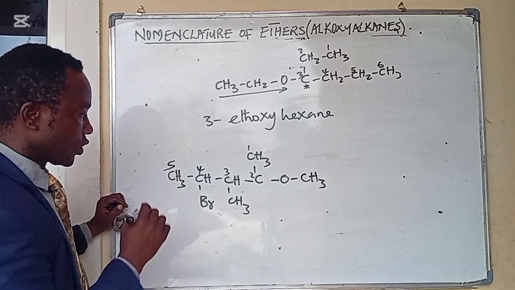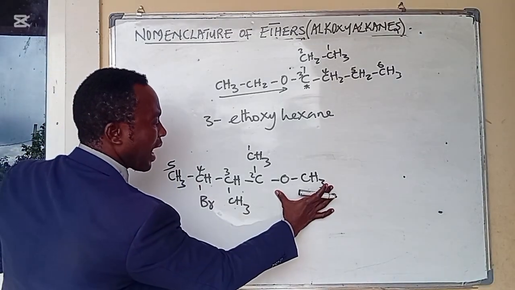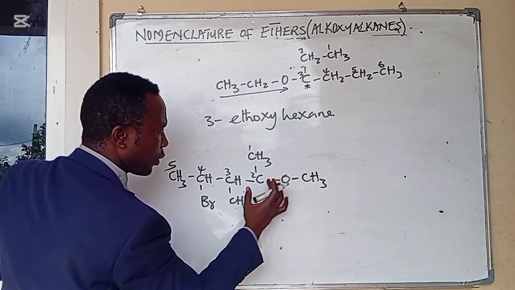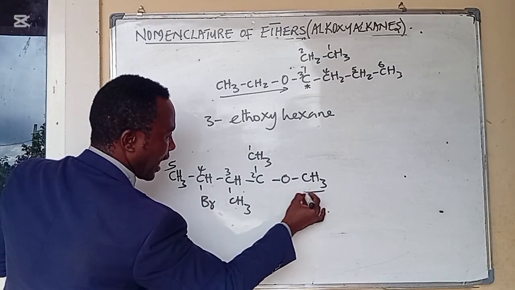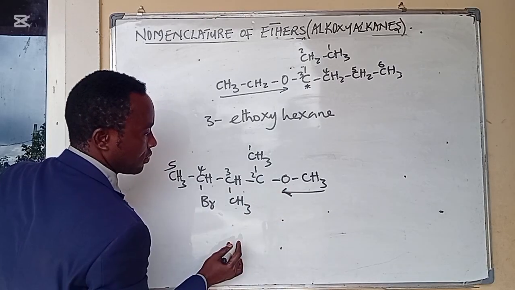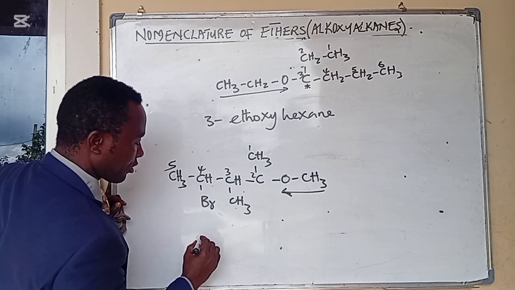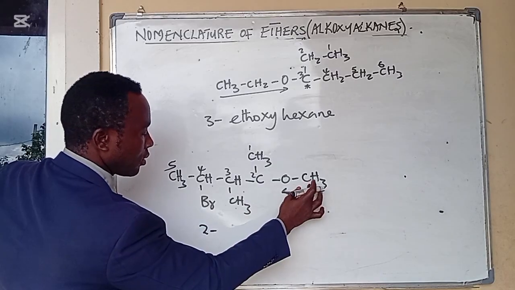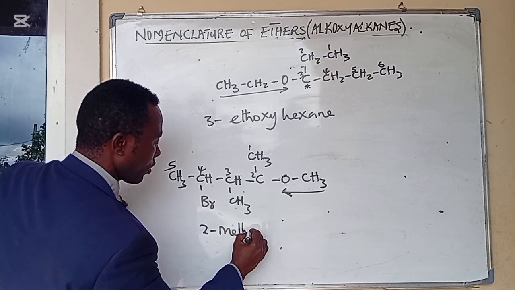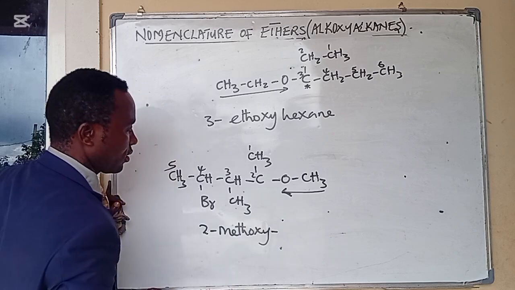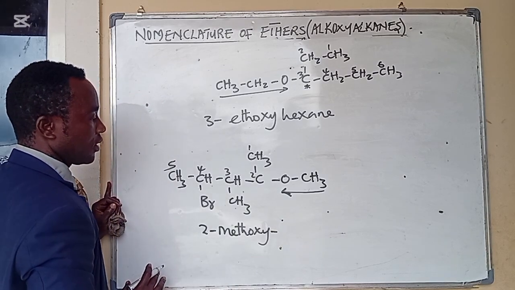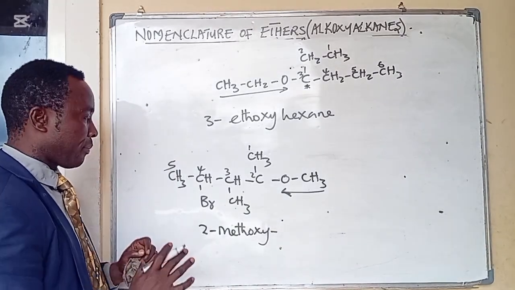and 5. So if I'm naming, I name the alkoxy first, indicating the position where it is placed. Remember the alkoxy from here till the oxygen. Where is it placed? At carbon number 2. So that is 2-methoxy. Then name the substituents, but it must be alphabetical.